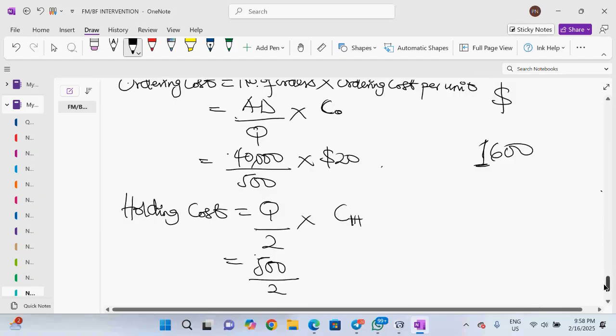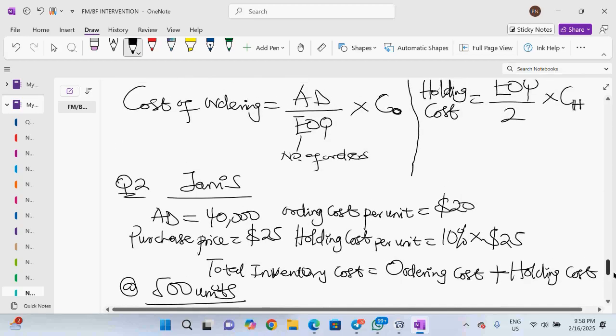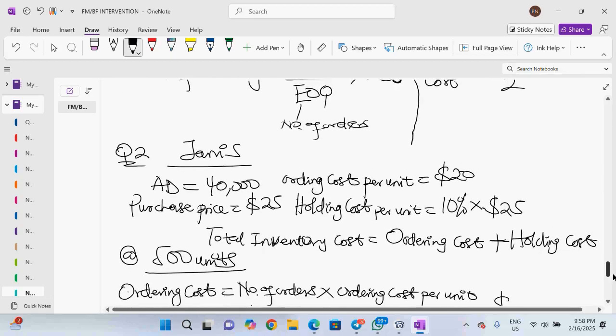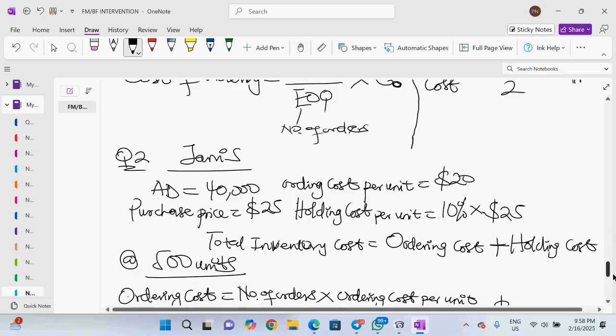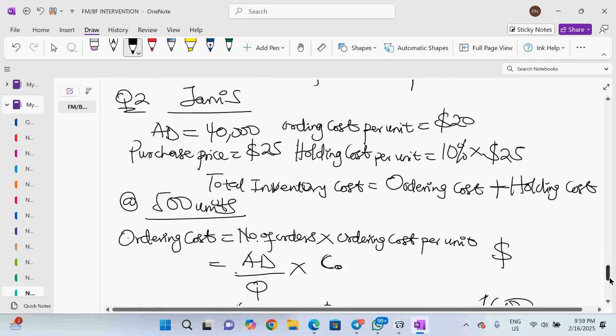500 divided by 2 times the holding cost per unit. What is the holding cost per unit? It is 10% of the 25, right?